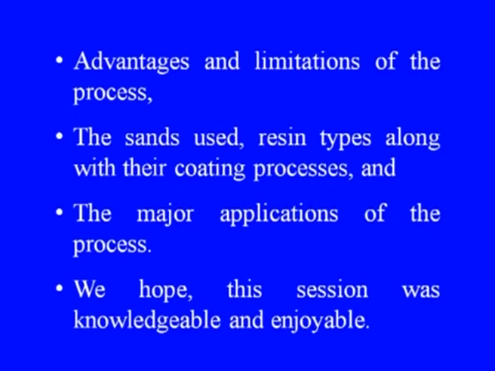We have also discussed the advantages and limitations of the process, the sands used, the resin types along with their coating processes. The major applications of the process have been mentioned, and we have seen the working steps of this process.